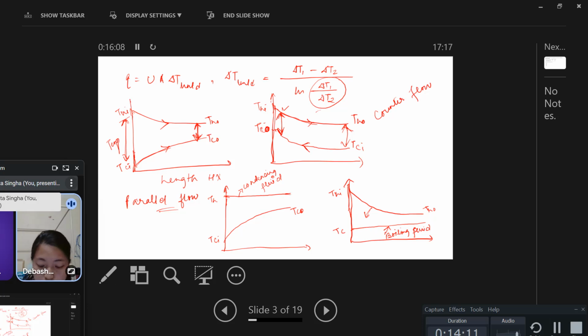Okay, there is one case where we don't use the LMTD, and that is a special case of counter flow where the temperature difference is exactly the same all throughout the length of the heat exchanger. That means the graphs will be exactly parallel to each other.